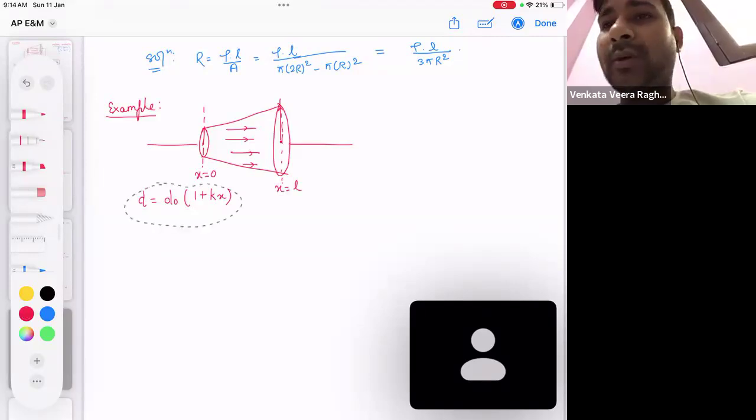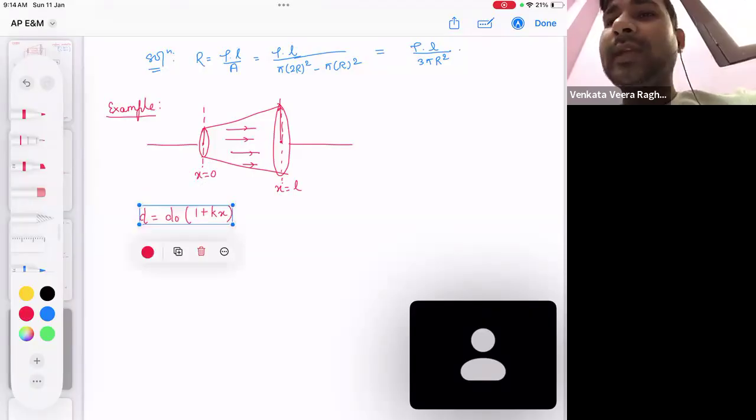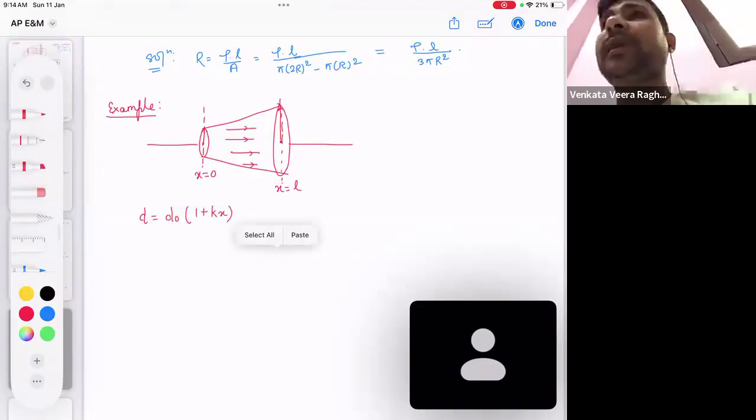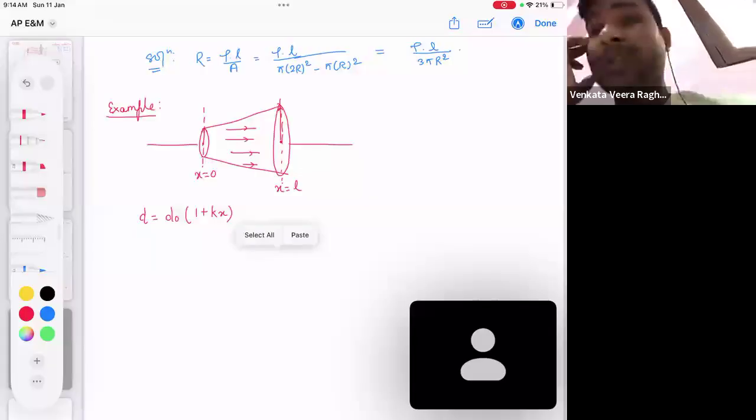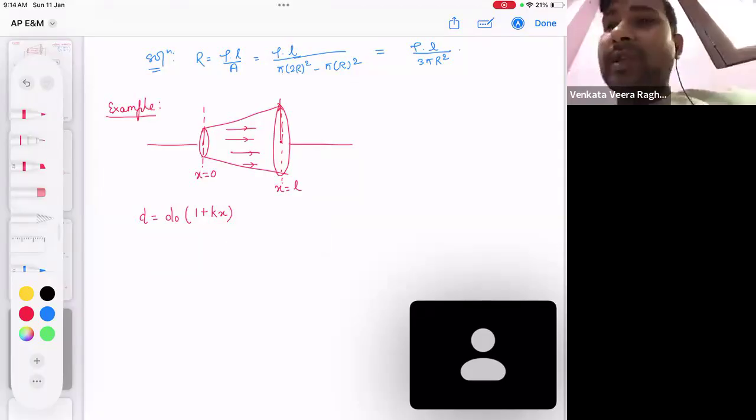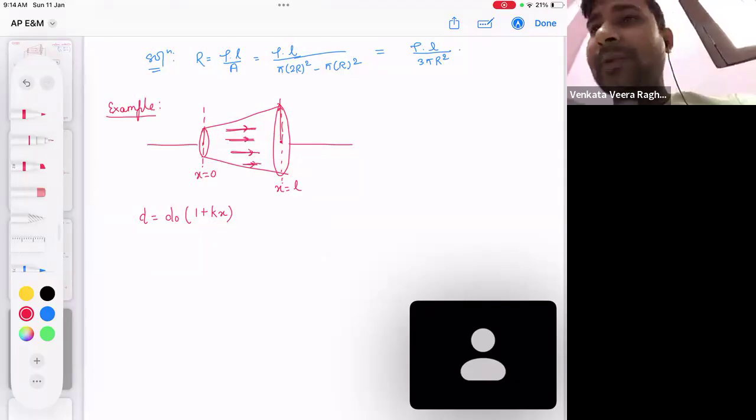As we go from one end to the other end, you see the diameter of the conductor is changing. Understood? And current is flowing in this direction, axially along the conductor.